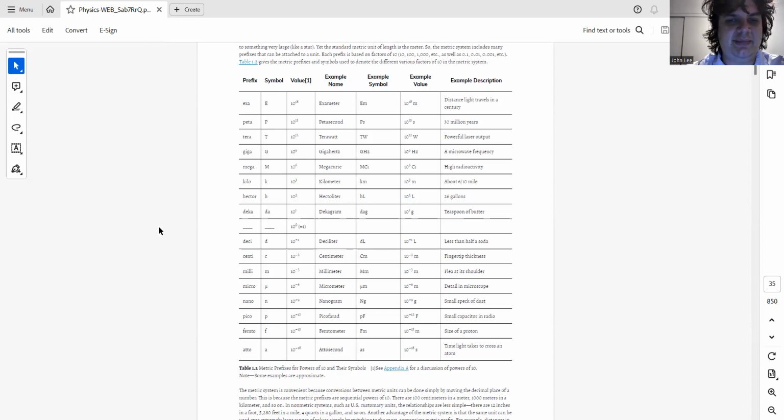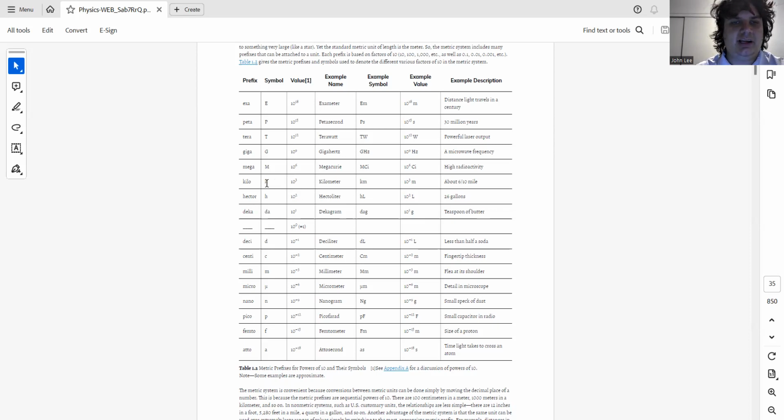So whatever symbol is in front of the normal symbol that we have tells you how many of the normal unaltered units, so seconds or meters or newtons or what have you, are going to be in there.